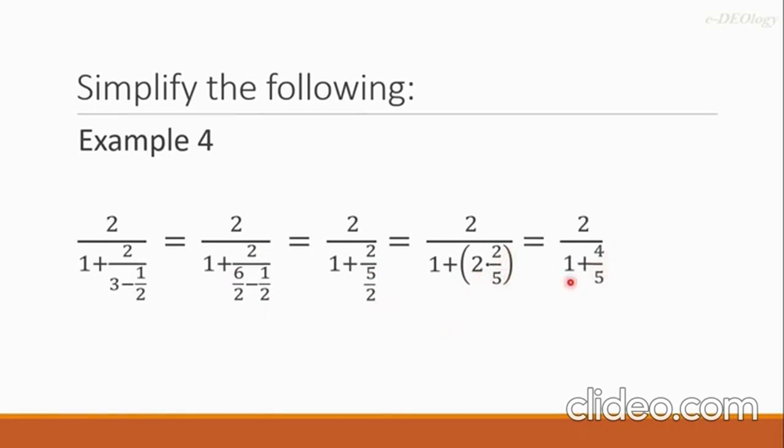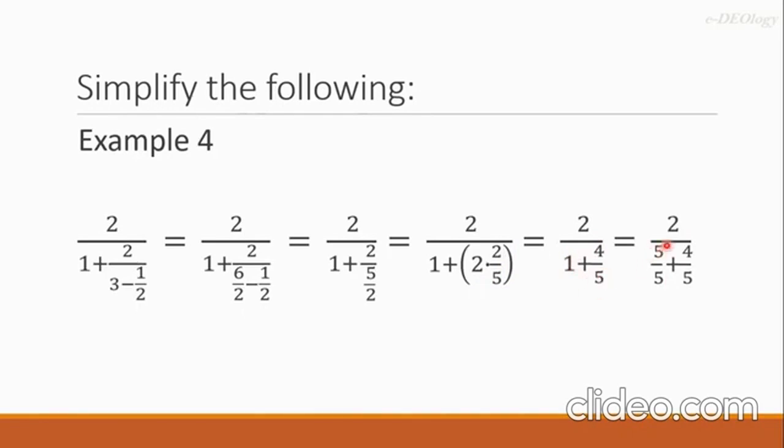So we have now here 1, the whole number 1, plus the proper fraction 4 over 5. Now we're going to consider this whole number 1 and make it another equivalent fraction. So I'm going to multiply this 1 by this 5.